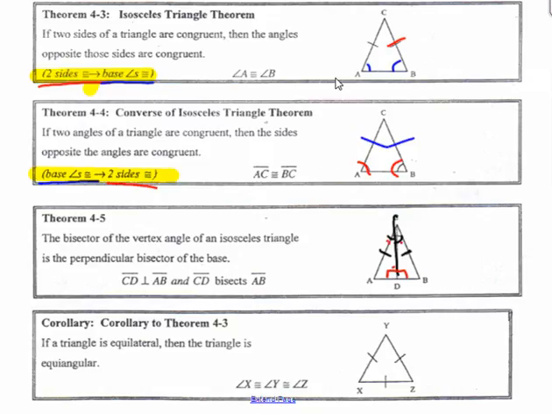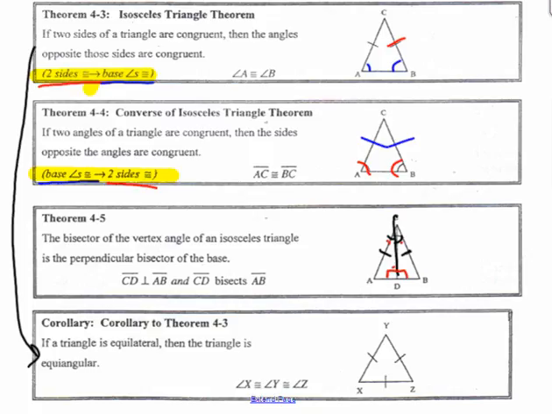This is a corollary that follows that. Actually, this corollary follows our isosceles triangle theorem. If a triangle is equilateral, then the triangle is equiangular. So from this theorem up here, that's where that corollary comes from.